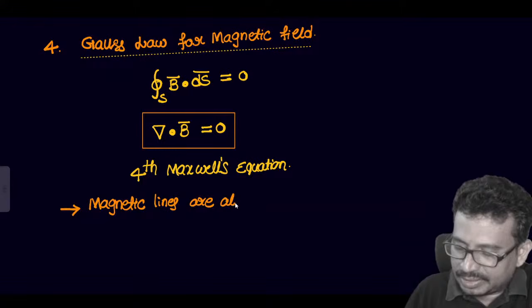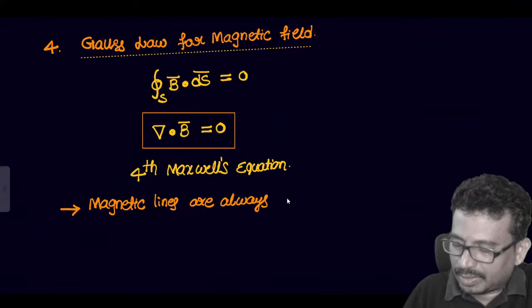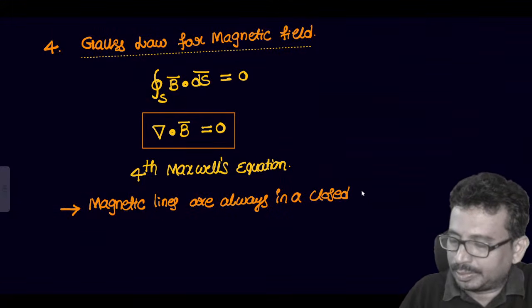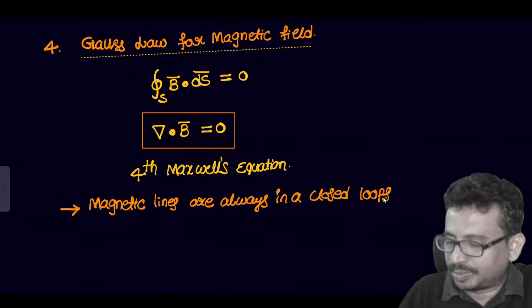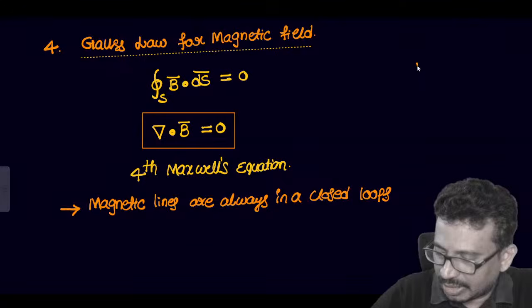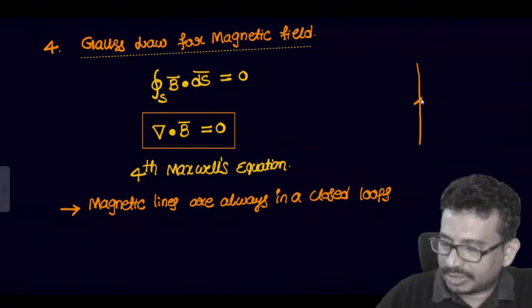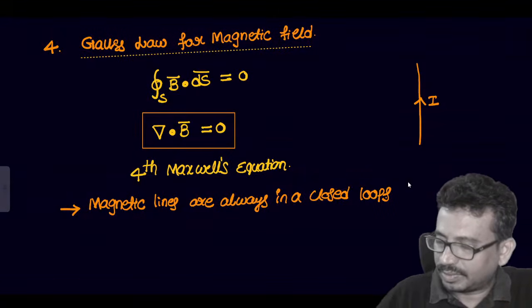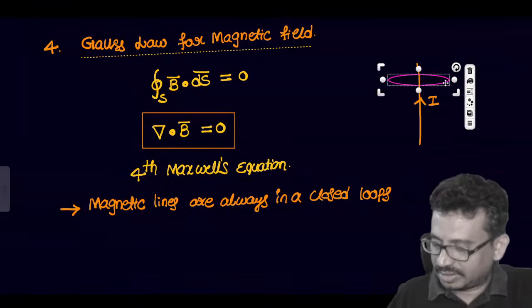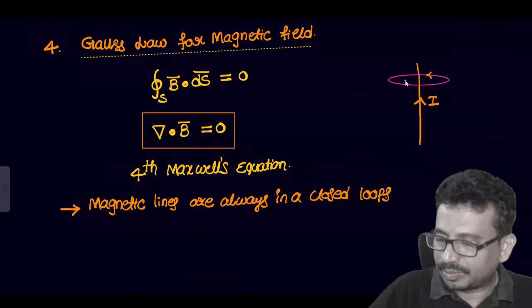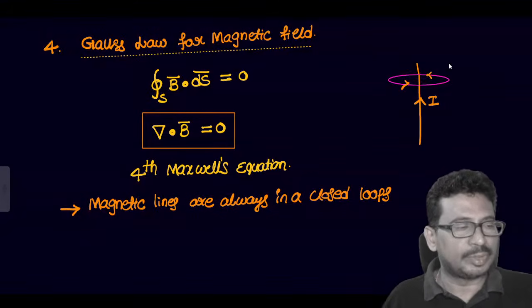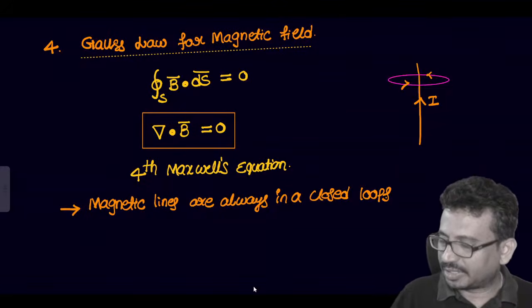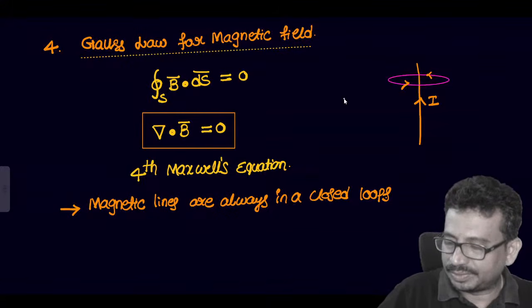If there is a flow of current through a conductor, the magnetic lines move always in closed loops like this. Magnetic lines are always in closed loops only.